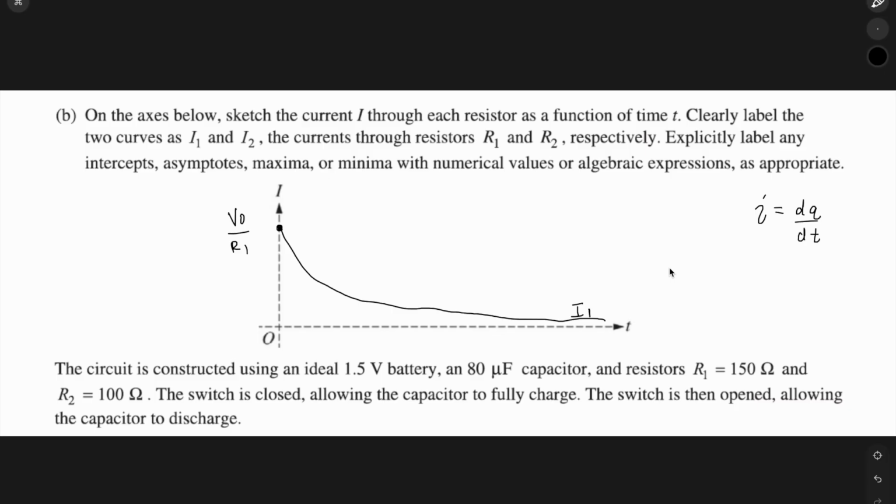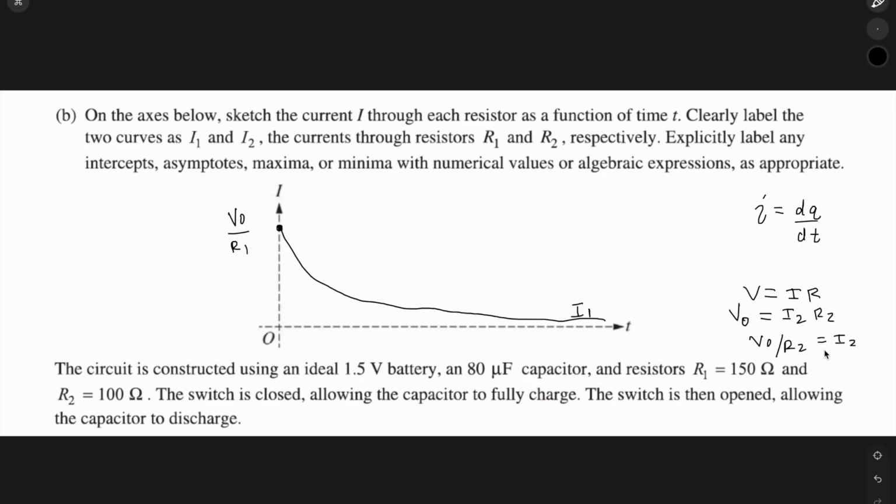It's not actually part of the RC circuit, so to speak. The value of the current it receives is going to be based entirely on Ohm's law, V equals IR. So V initial is equal to I2 R2, so V initial divided by R2 equals I2.